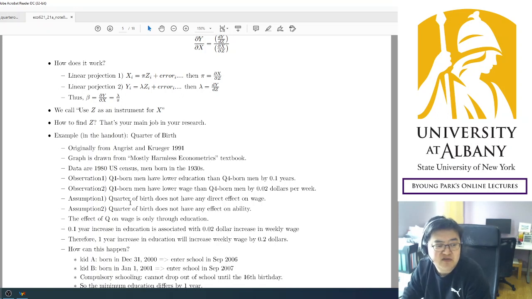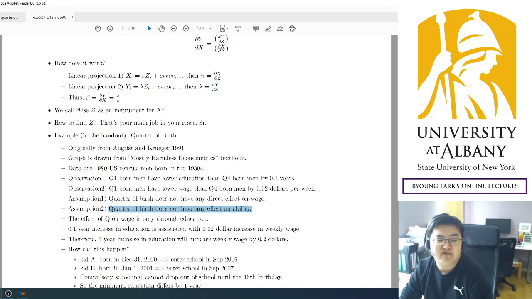The second assumption is that quarter of birth does not have any effect on unobserved ability. I think it's also very plausible, because if this is wrong, that means you expect babies born in winter to be less smart than babies born in, for example, summer.